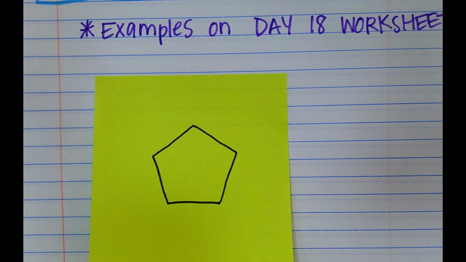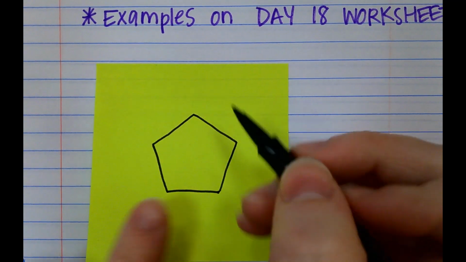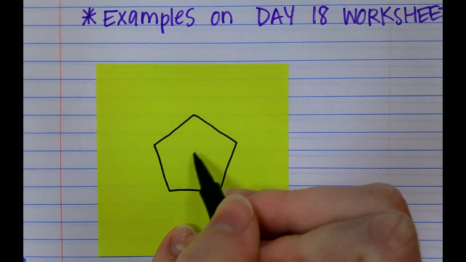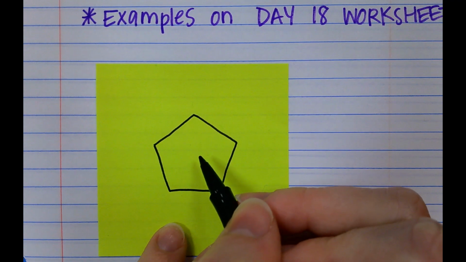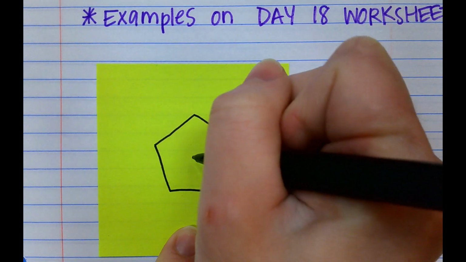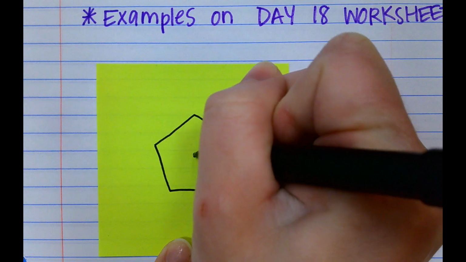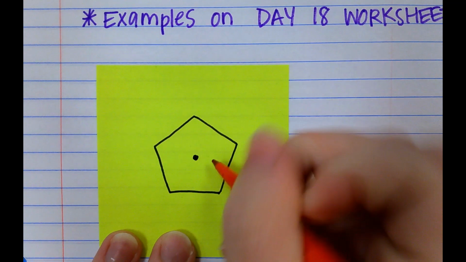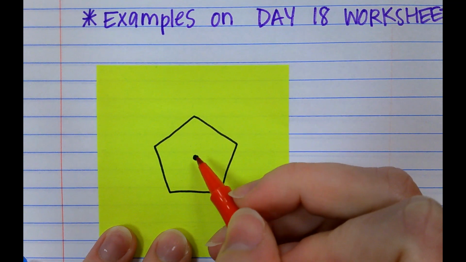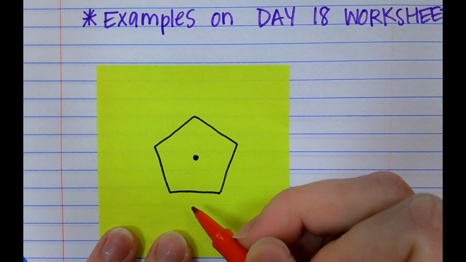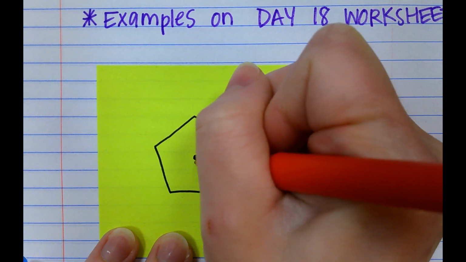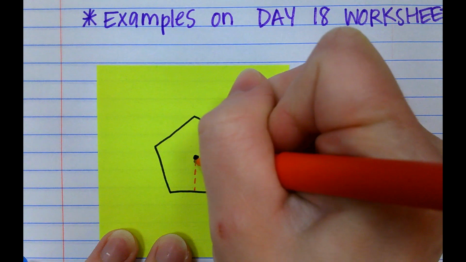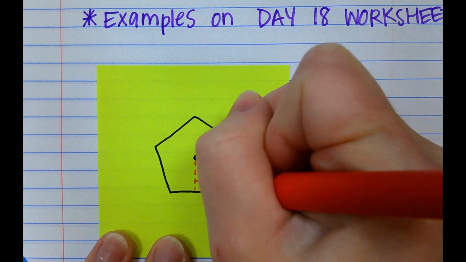The things that I want to mark on this are a rough idea of an approximate center point, so I'm just going to put a point where it looks like it's right about in the middle. Then we're also going to draw a dotted line from that center point straight up and down to one of the sides, making about a 90-degree angle.